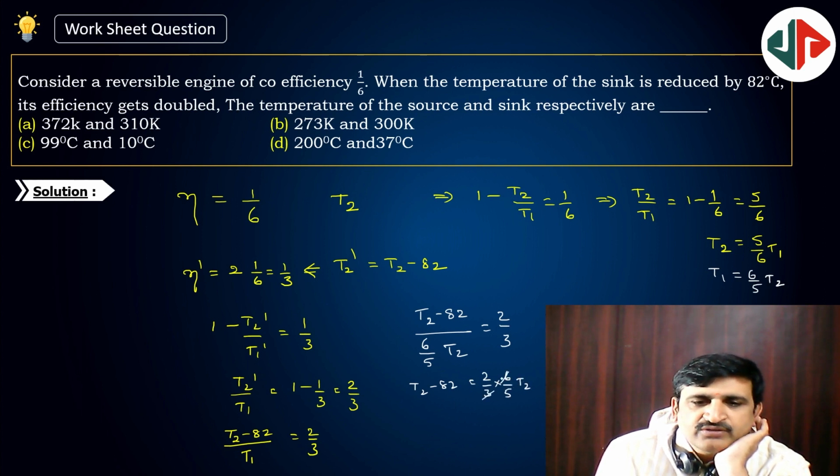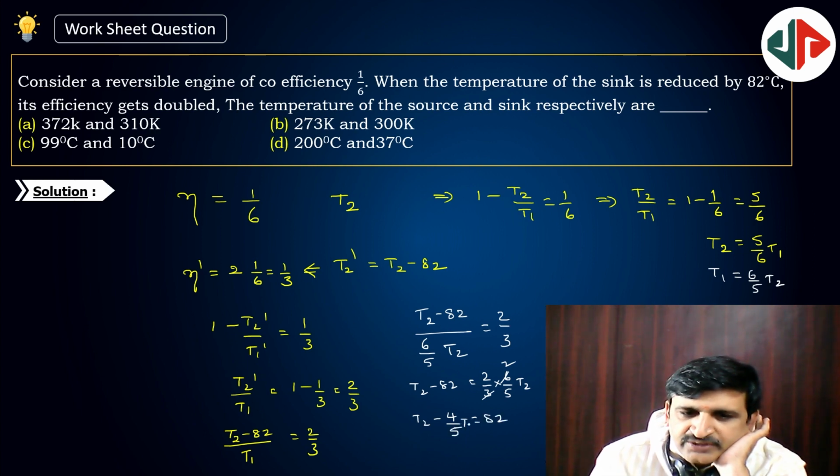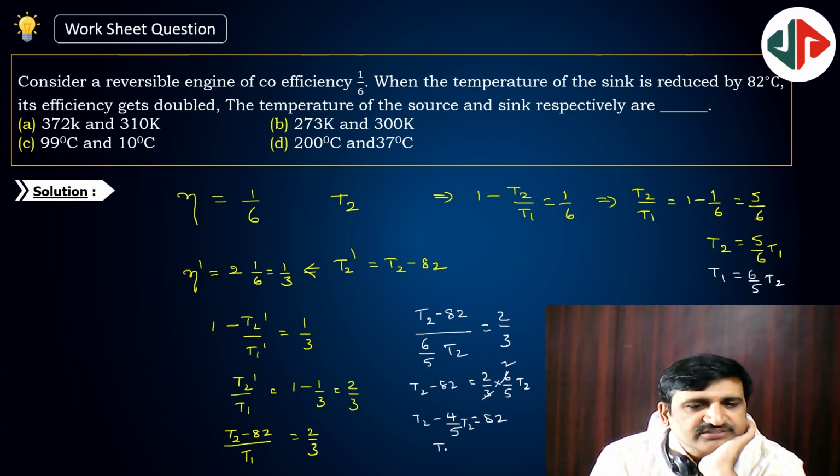So 3 will go 2 times, 2 twos are 4 by 5. T2 minus 4 by 5 T2 is equal to 82. So T2 by 5 is 82, so T2 is 82 into 5.